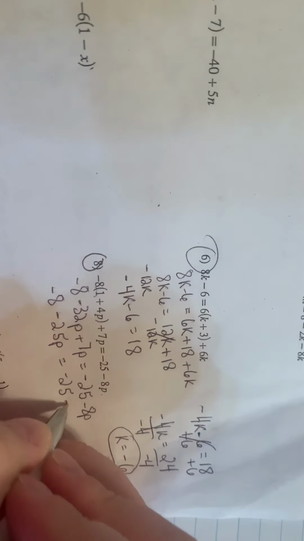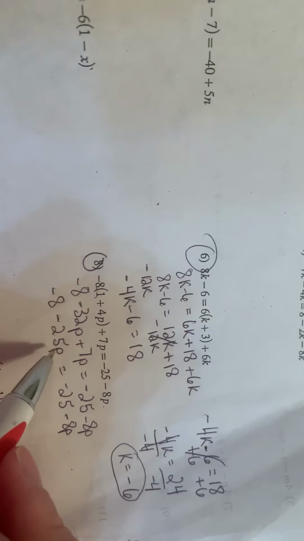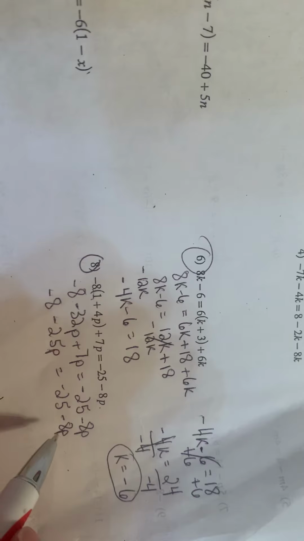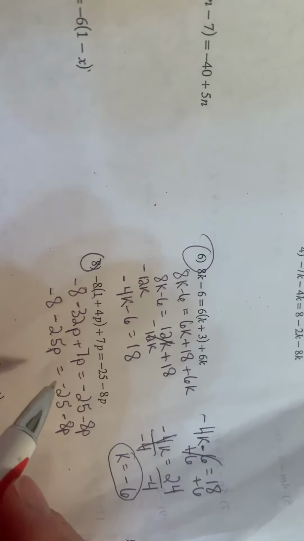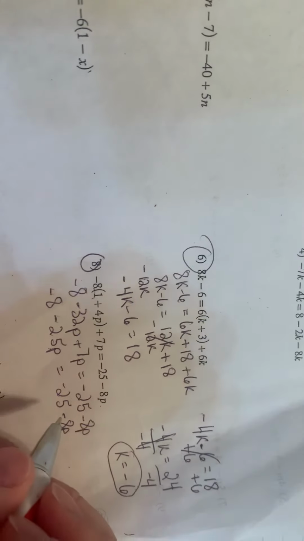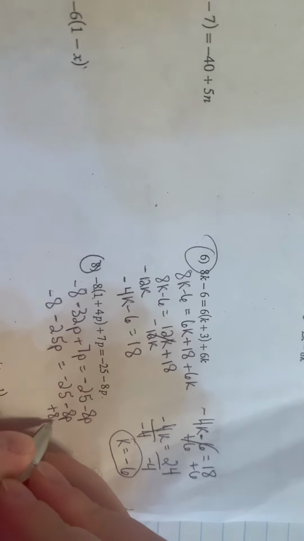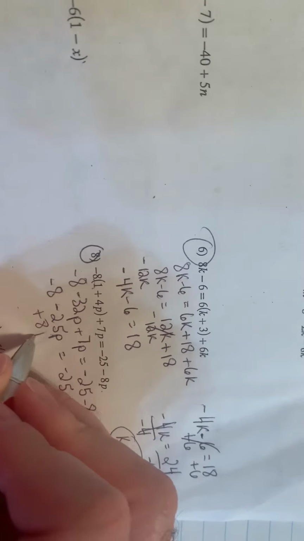Now this one's kind of tricky. It looks like, oh, these disappear. But this has the p. So these don't match up. So what we got to do now, right at this point, this is where we start moving the variable over here. So I'm going to add it and then add it.